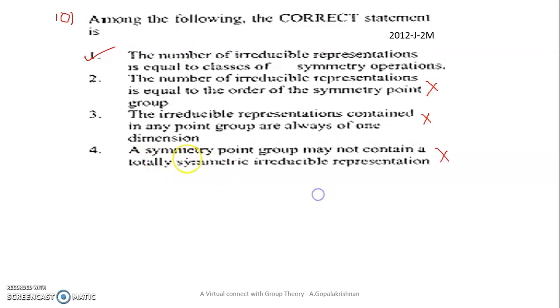Then, a symmetric point group may not contain a totally symmetric irreducible representation. This is also wrong, because every point group must contain the totally symmetric irreducible representation, not may not. So the only correct statement is 1. So this is the correct option. We'll go to the next question.